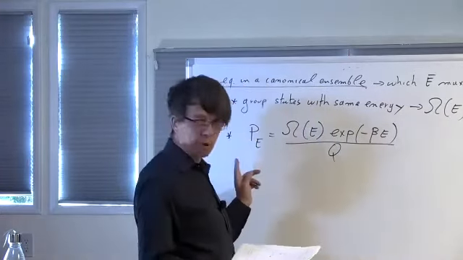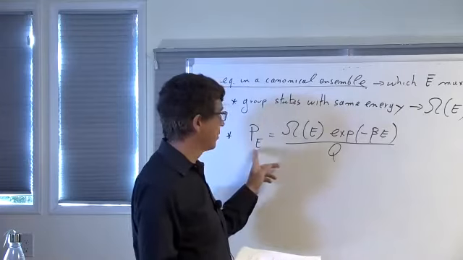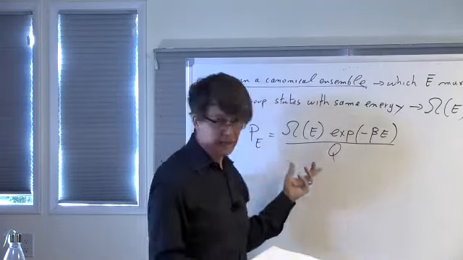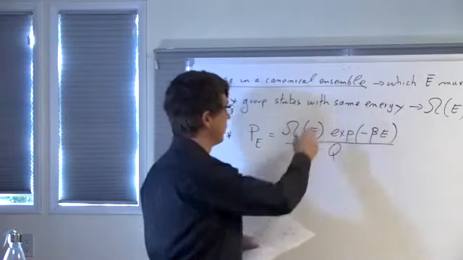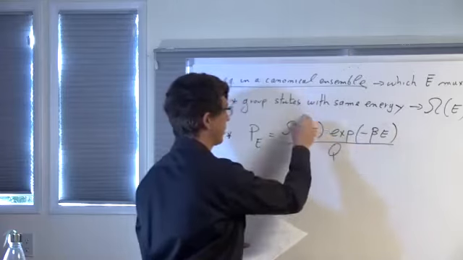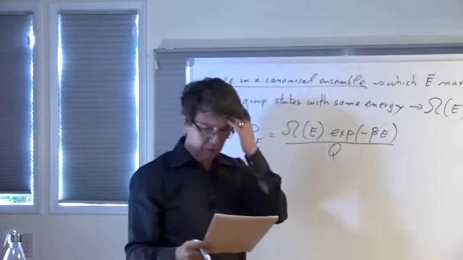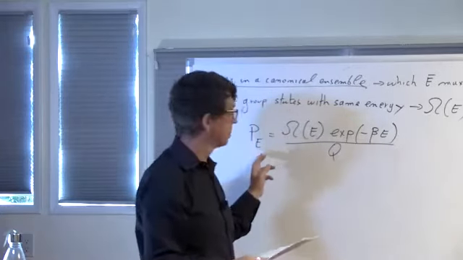So this is the probability that some value of the energy occurs. Really this is just like a normal probability, except that I summed all the ones that have the same energy. Since they have the same probability, I can put them all together, and that appears in this omega term. So let me now see when this is maximal.